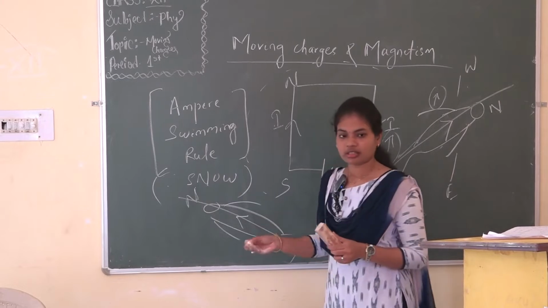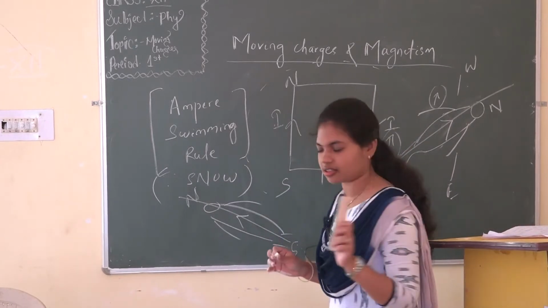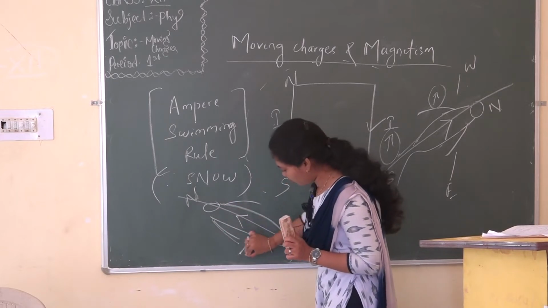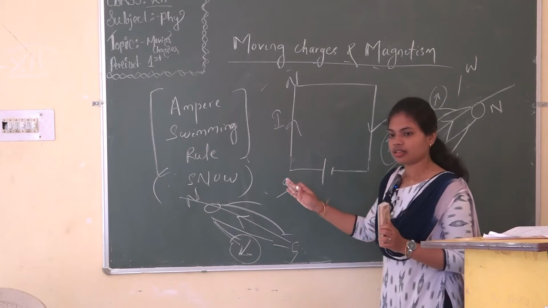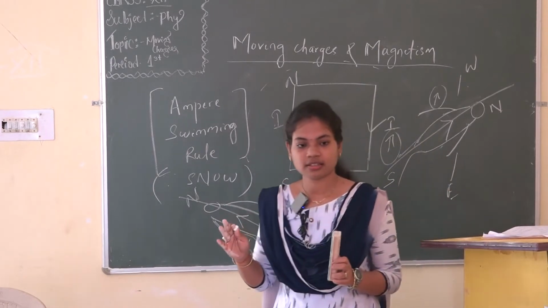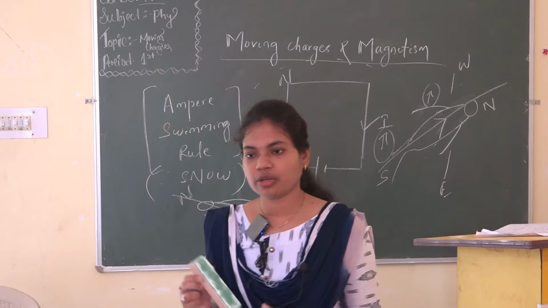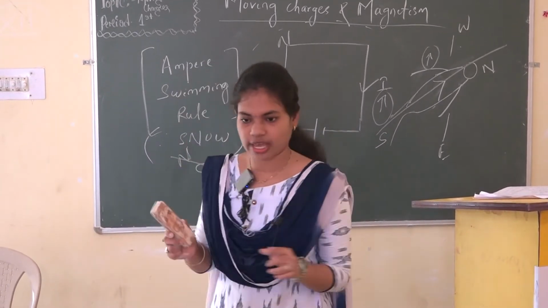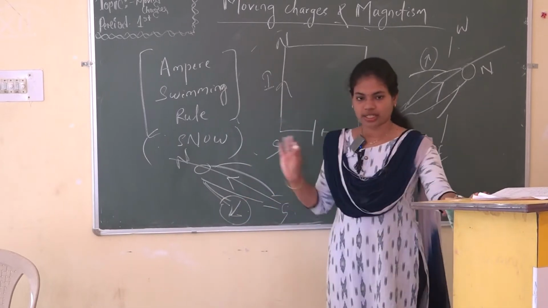The magnet deflects in which direction? In the left hand side direction. So the magnet will deflect in that direction. When the man swims from south to north and we place a magnet near that current carrying wire, the magnet will deflect in west direction.